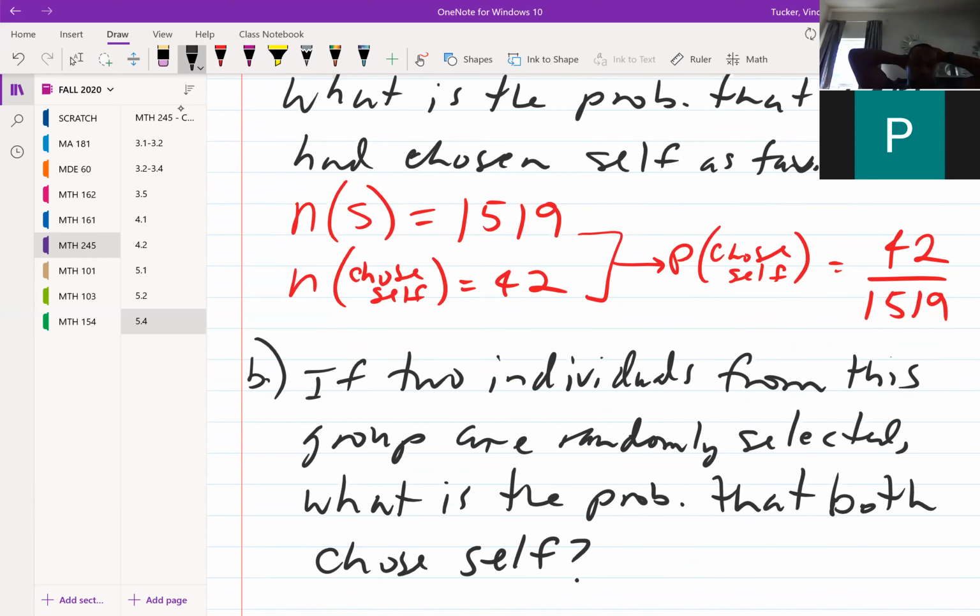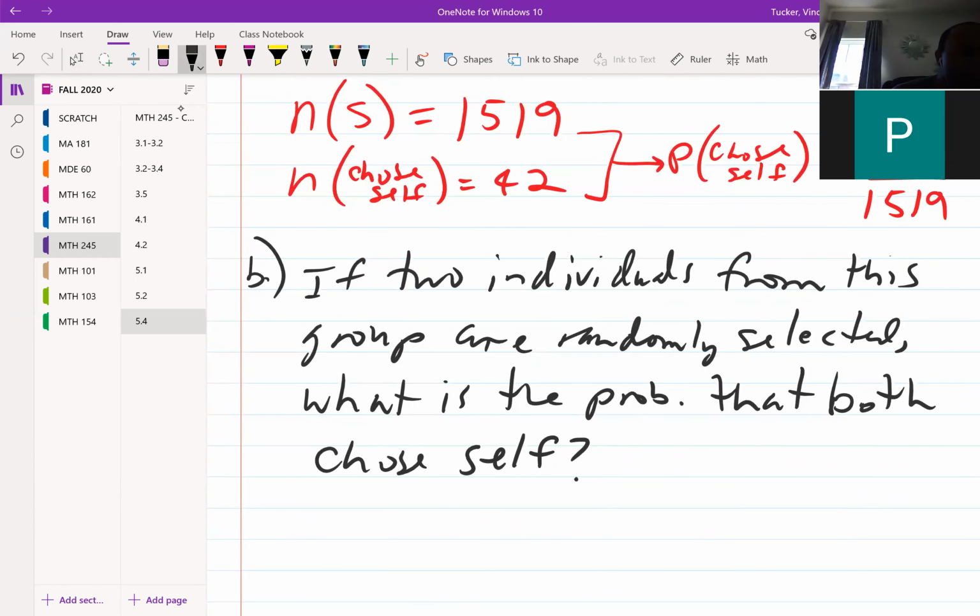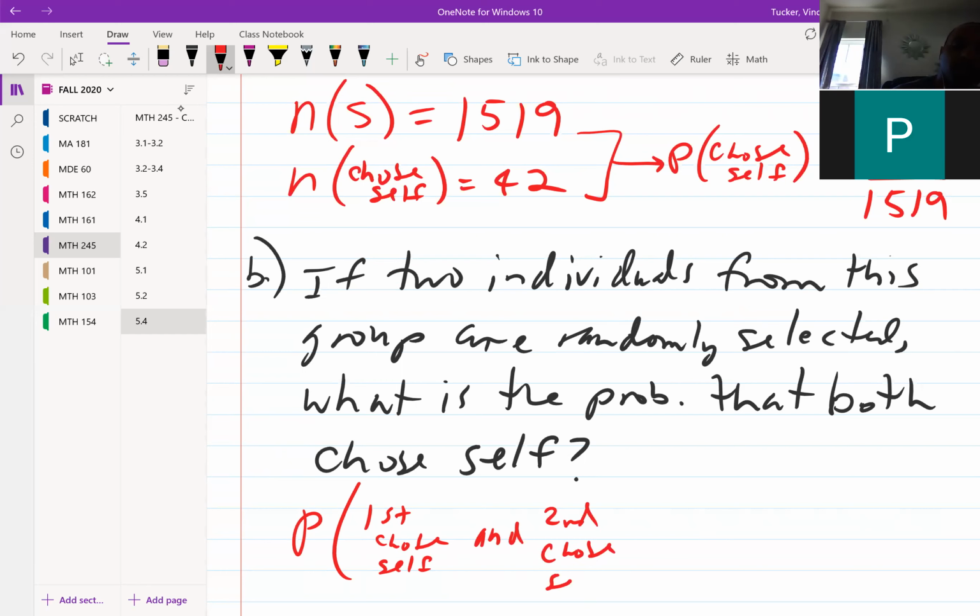Okay, so if two individuals from this group are randomly selected, what is the probability that both chose self? Let's do it like this. We want the probability that the first chose self and the second chose self.